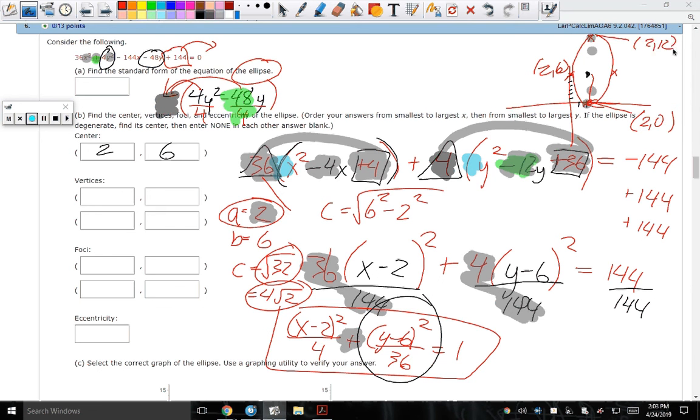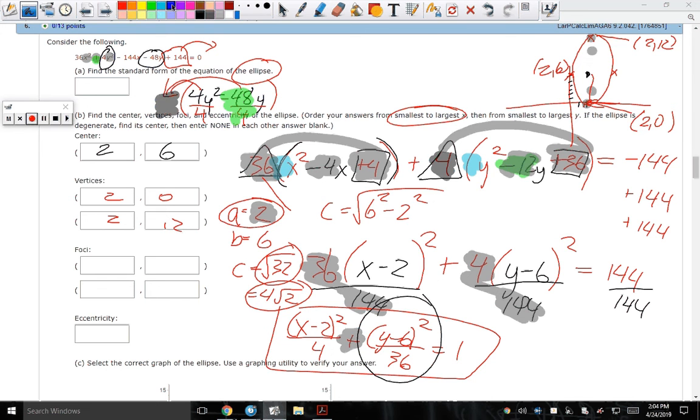So for the vertices, we're going to say the smaller one or the lower one. What does it say? Answers are smallest to largest, x-wise. So it'll be 2, 0 and 2, 12. With me? And hopefully you're filling in your homework right now if you're not done with your homework on the website. You're just doing that with me at the same time. Killing 2 birds with 1 stone.